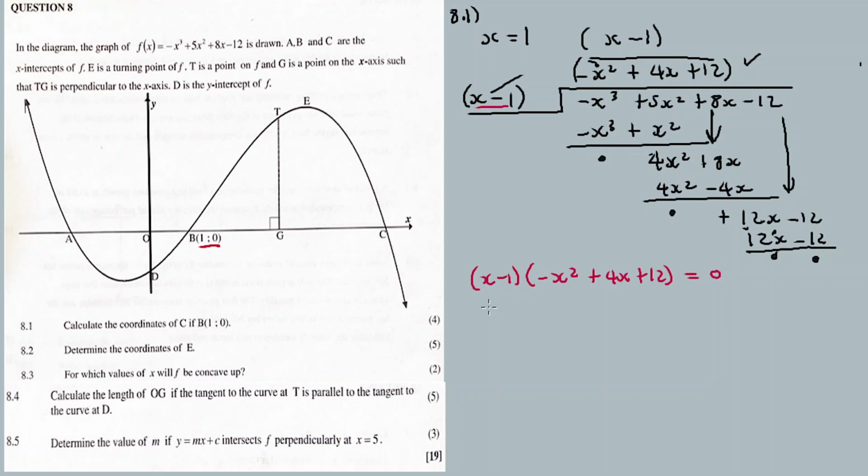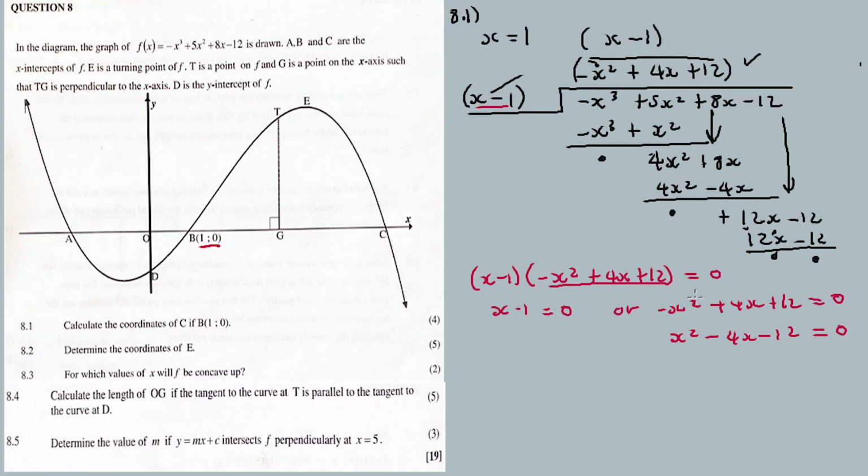When we are done, you either use the quadratic formula for this trinomial or you use the factoring method, which is what I will use: minus x squared plus 4x plus 12 equal to 0.